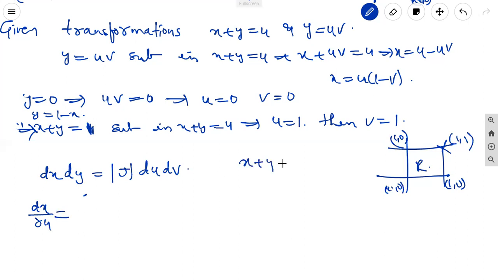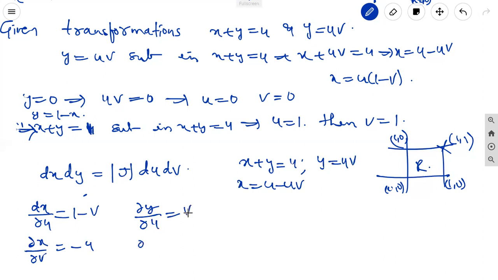Since the equations are x plus y equal to u, y equal to uv, x equal to u minus uv, y equal to uv. Dou x by dou u is 1 minus v, dou x by dou v equal to minus u. And dou y by dou u equal to v, dou y by dou v equal to u.